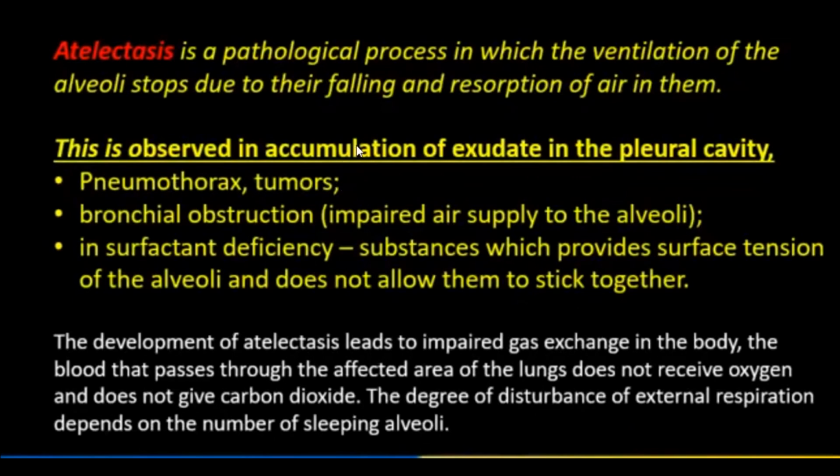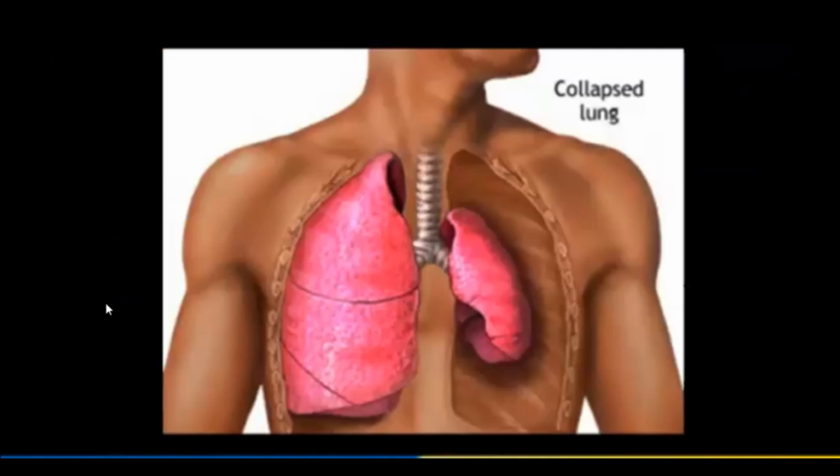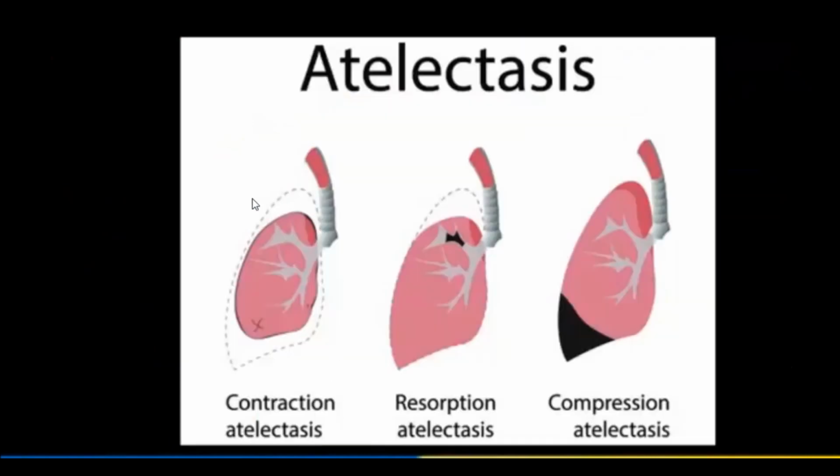This is observed in accumulation of exudate in the pleural cavity, pneumothorax, tumors, bronchial obstruction, and surfactant deficiency, the substance which provides surface tension of the alveoli and does not allow them to stick together. It's, for example, a collapsed lung. Types: obstruction atelectasis, resorption atelectasis, and compression atelectasis.